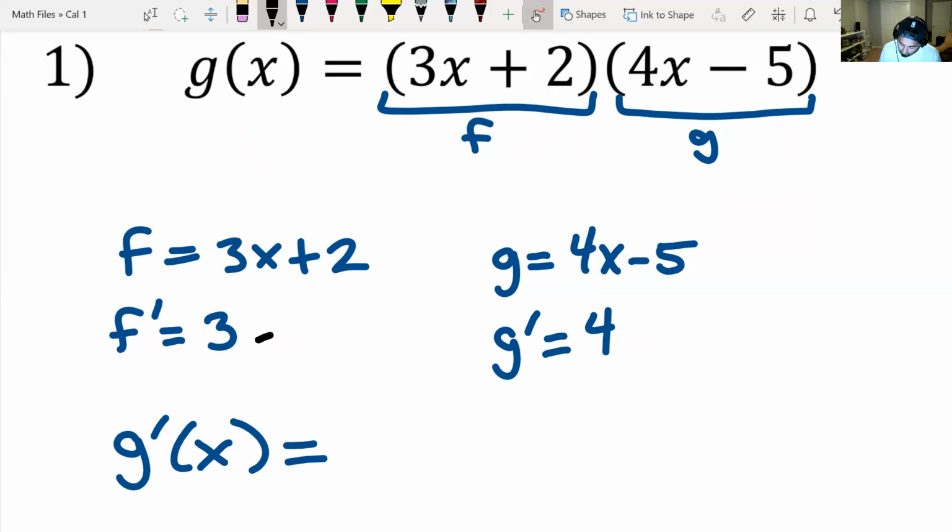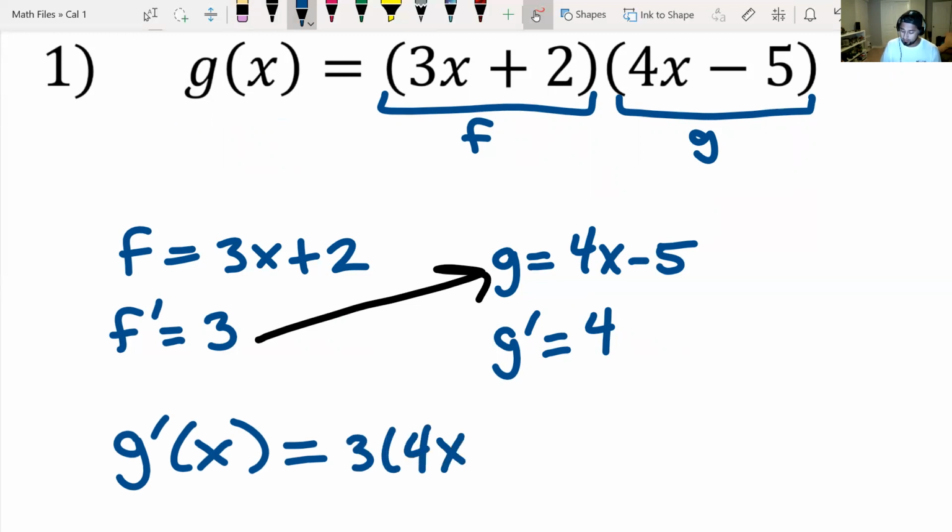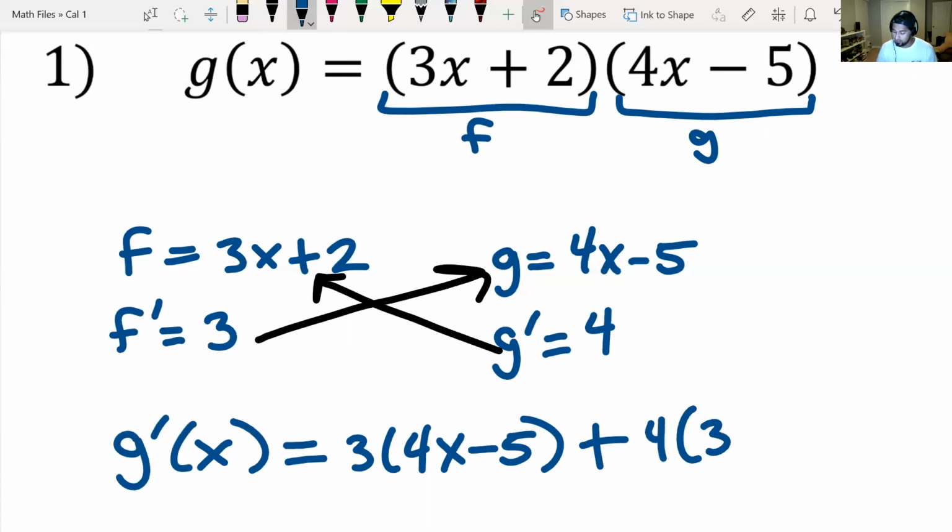So I say f prime times g, and I write it down. 3 times 4x minus 5 plus g prime times f. 4 times 3x plus 2.